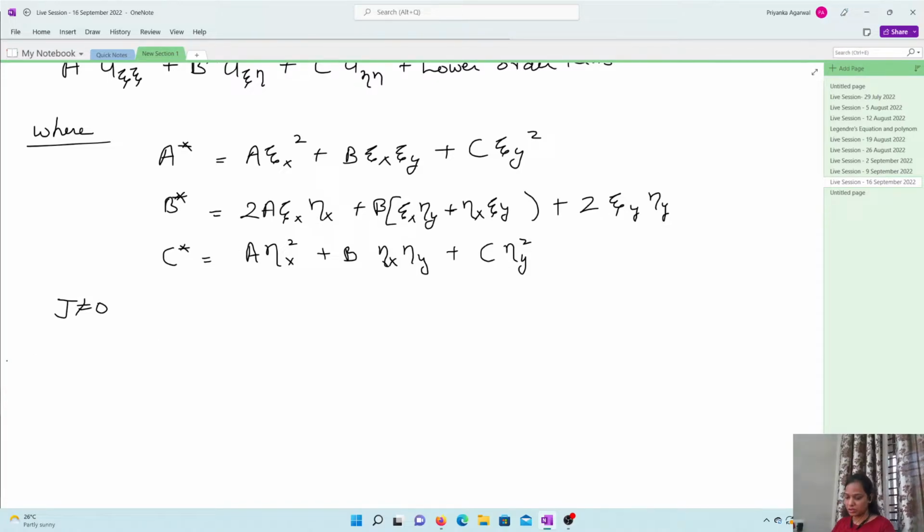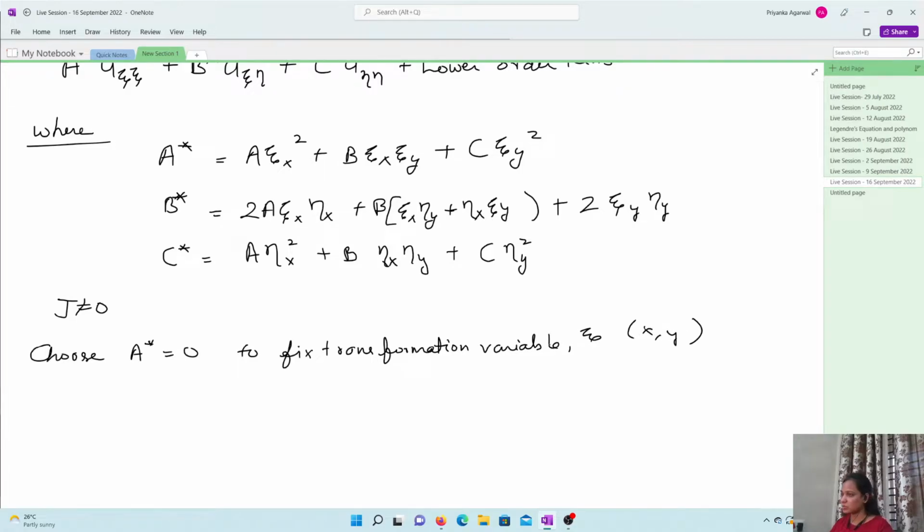Okay, now we have to choose A star equals to 0 to fix transformation variables xi and eta. So this has already been told in the lecture how to find these.